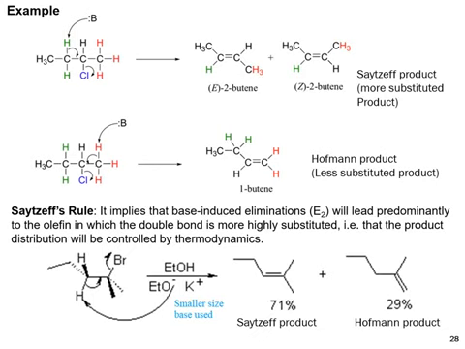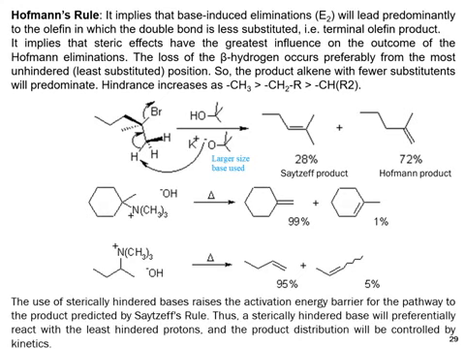Here, ethoxide abstracts the proton, and the resulting product gives the more substituted product 71% and less substituted product 29%. This is an example of the Hofmann rule, which will prefer the less substituted product as the major product.